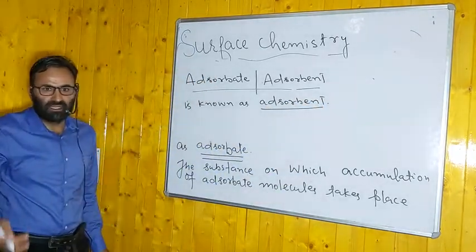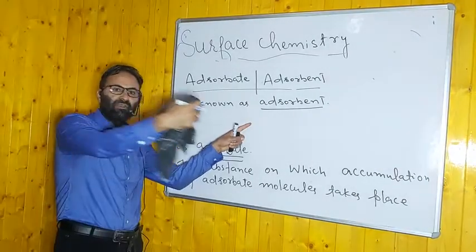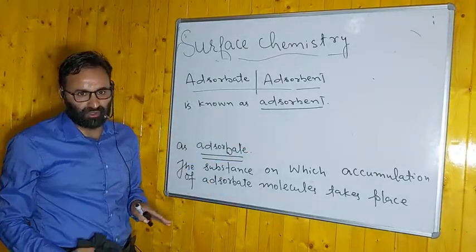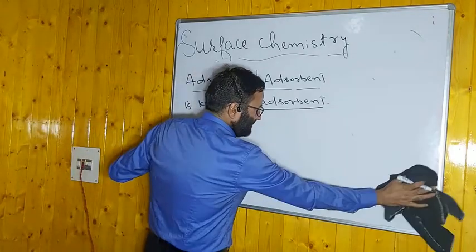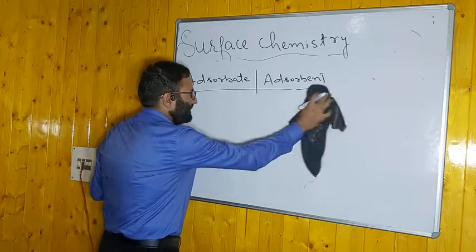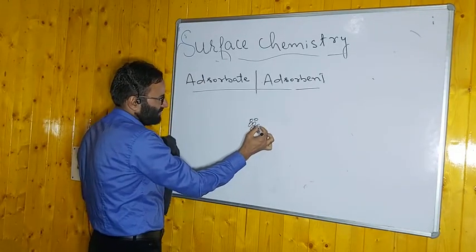It means that dust particles mean adsorbate, the surface of the board on which dust particles get accumulated, that is known as adsorbent. Remember this point. Adsorbate, and we have the adsorbent. For example, dust particles get adsorbed on the board.